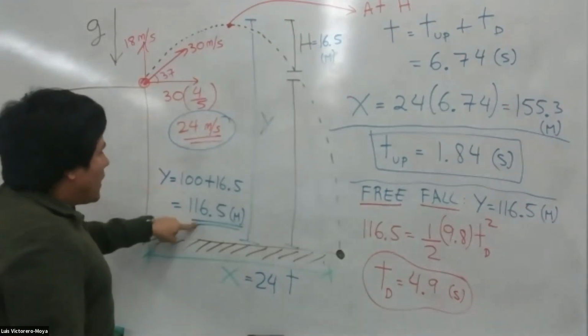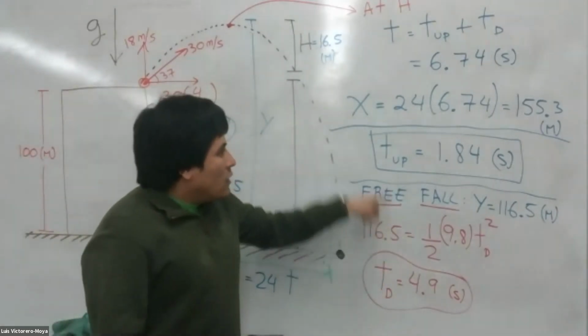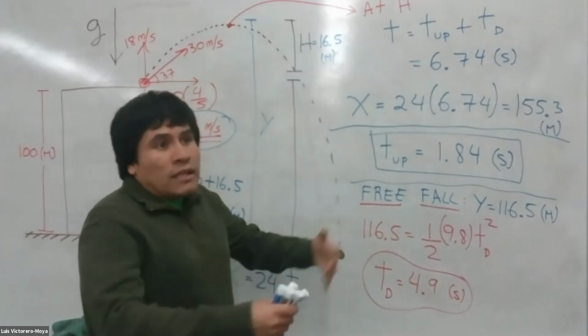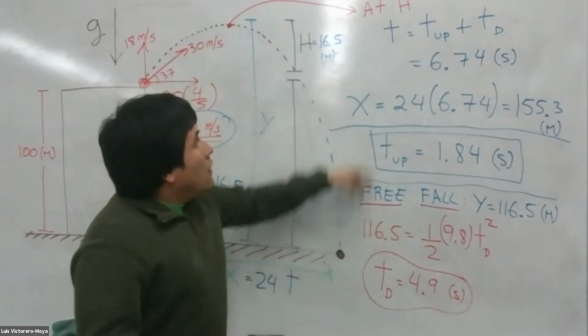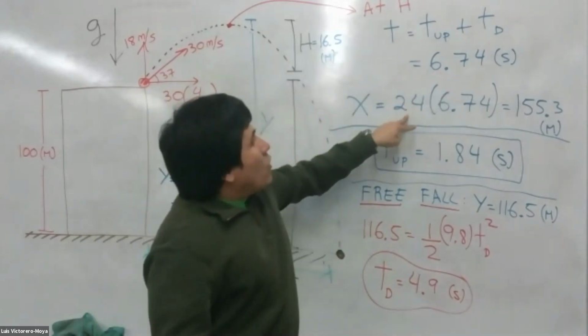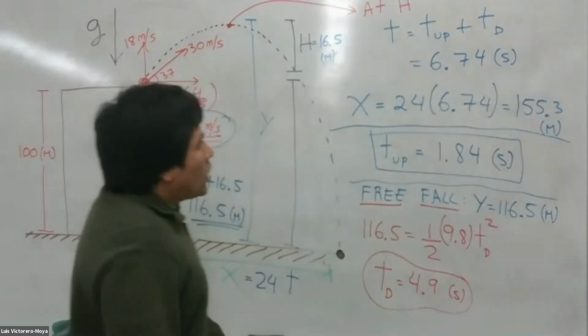You find the total height and you use the total height to find the time to go down. Time to go up plus time to go down is the total time the ball or the projectile is in the air. Multiply by the horizontal speed, that gives you the range. It's all physics, all clear.